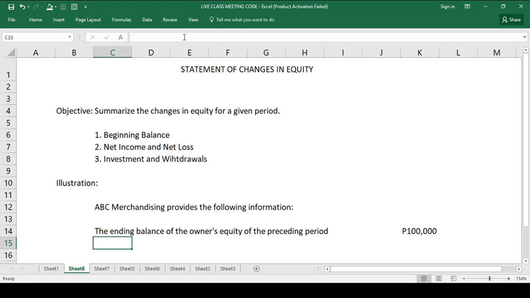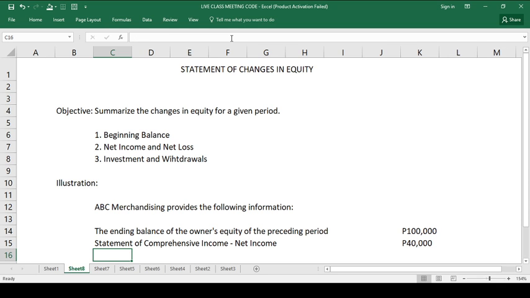And the statement of comprehensive income, or the income statement, shows a net income. We computed a net income of, let's say, 40,000 pesos.